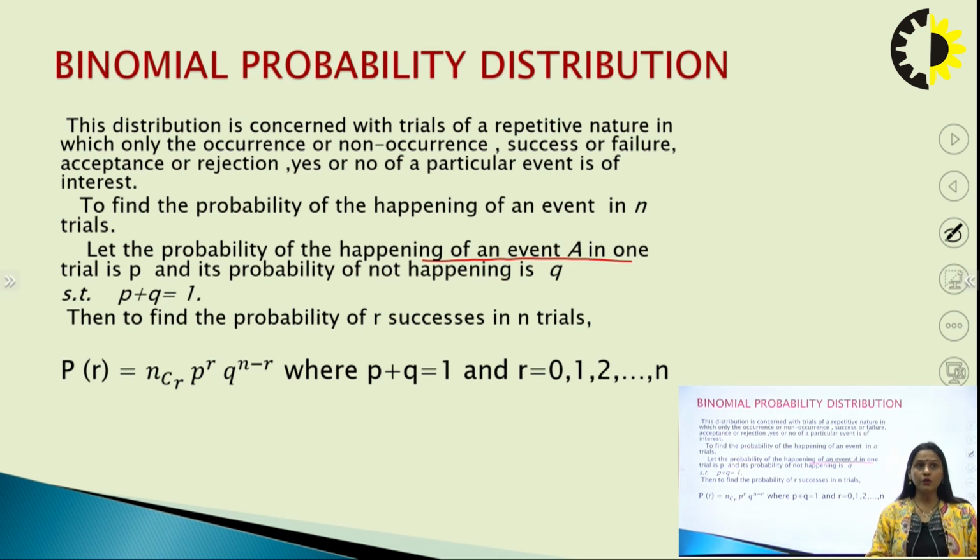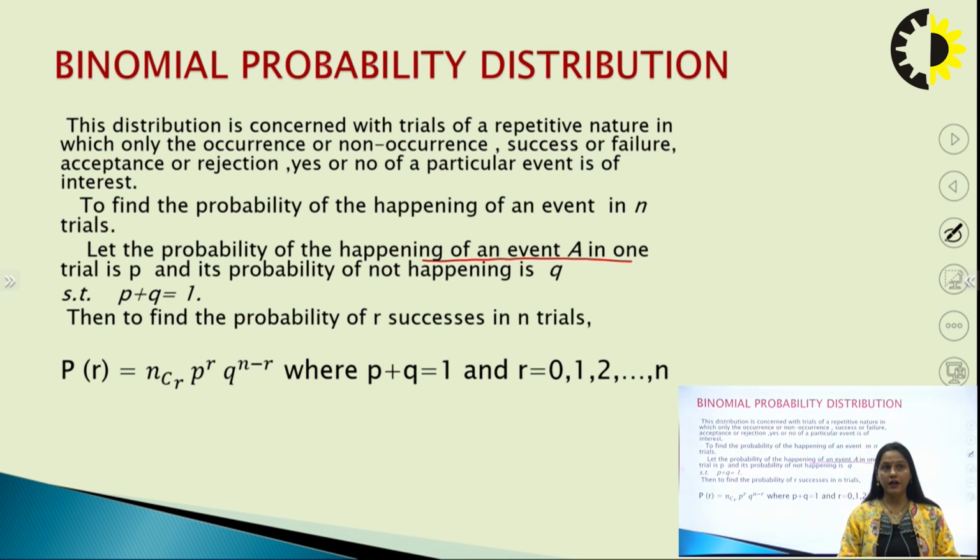So what do we do to find the probability of r successes in n trials? We find that probability using binomial probability distribution.